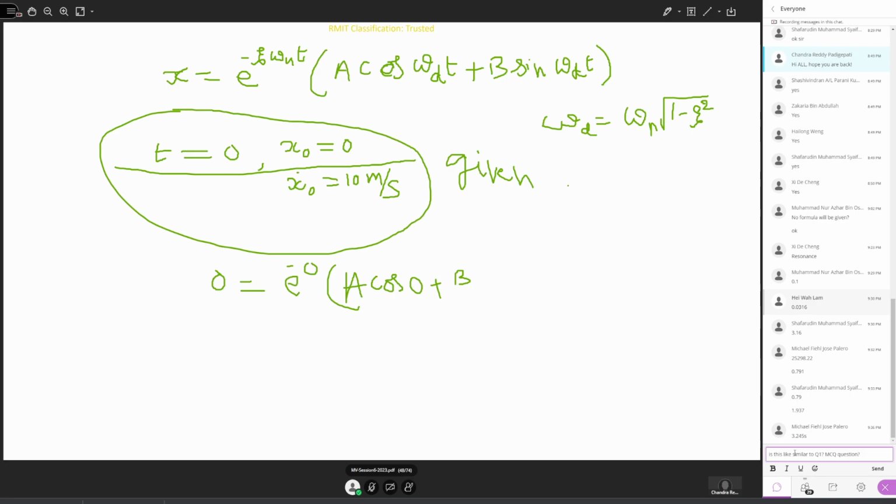This is by substituting that the displacement is 0 when the time is 0. Anything to the power of 0 is 1, cos 0 is 1, and sine 0 is 0. So this means that a is equal to 0.